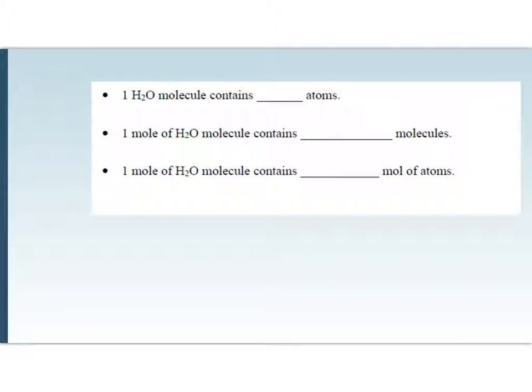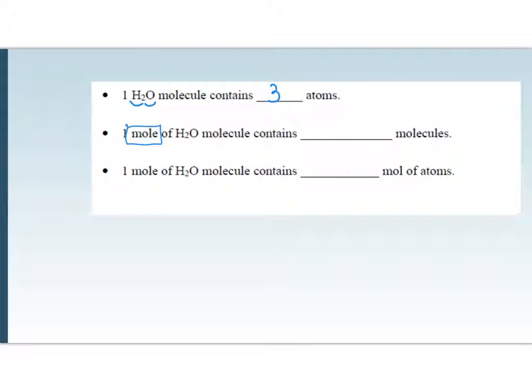Okay, for example, one water molecule contains 3 atoms. Why? I have 2 hydrogen here and 1 oxygen here. Now saying 1 mole, saying dozens, saying bunch doesn't differ from each other. 1 dozen means you have 12 of that particle, or 1 bunch says you have 10 of that particle.